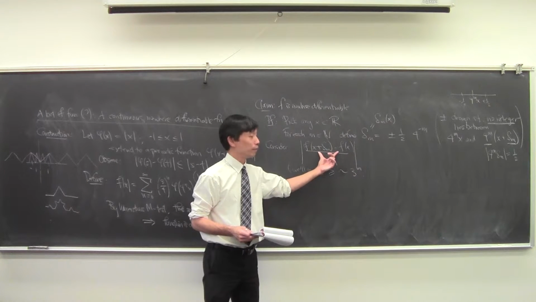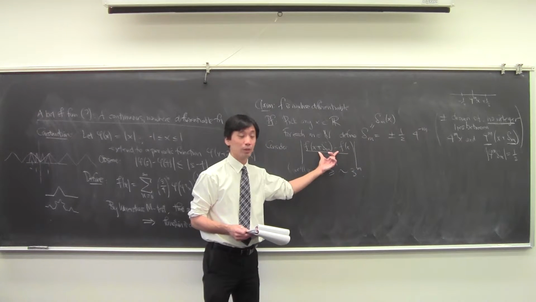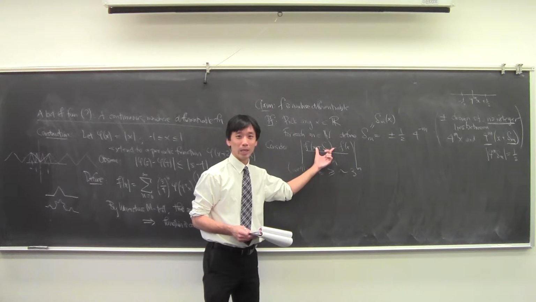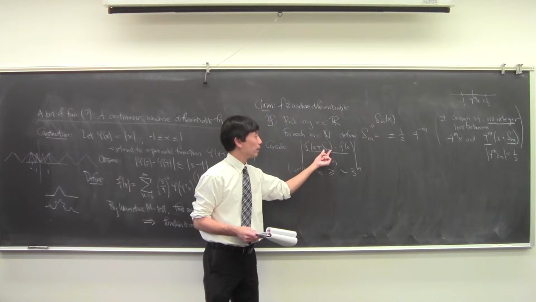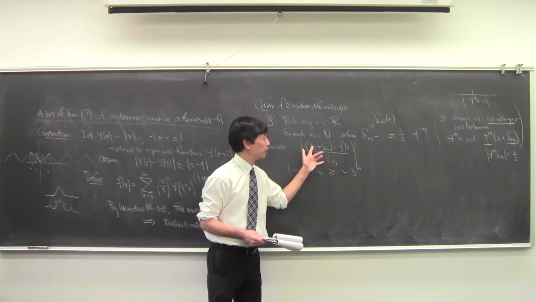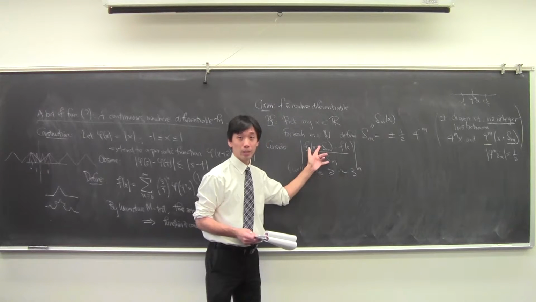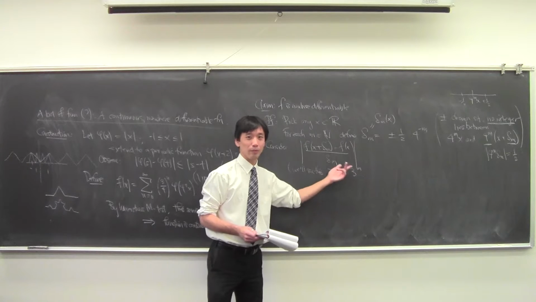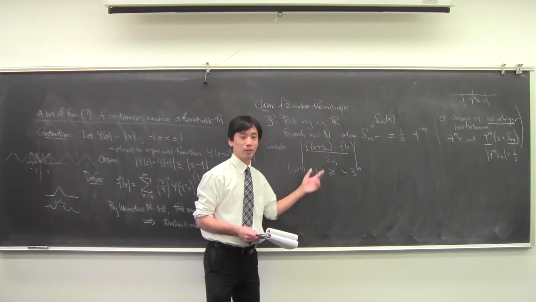Because for the function to be differentiable, you don't want this thing to be exploding. But as you see, as these delta m's are getting closer and smaller and smaller, this slope is becoming infinitely large, right? And so the function cannot be differentiable, right?